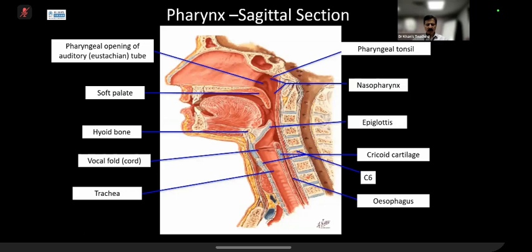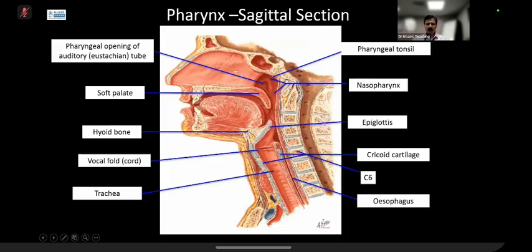sagittal, and you should have a clear-cut idea about the term pharynx and the parts of pharynx, and how you discriminate it from surrounding structures. Now, this is the nasopharynx, then the oropharynx, then the hypopharynx.